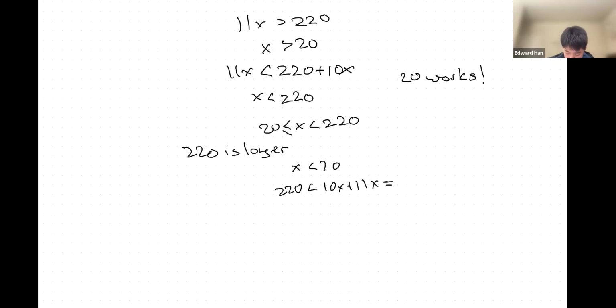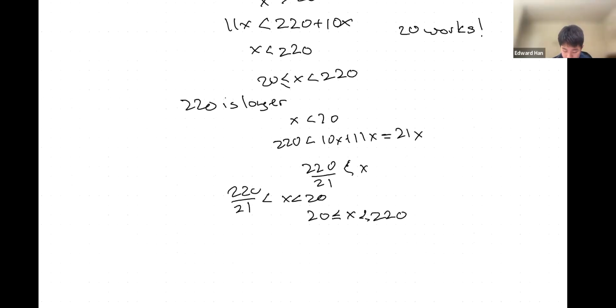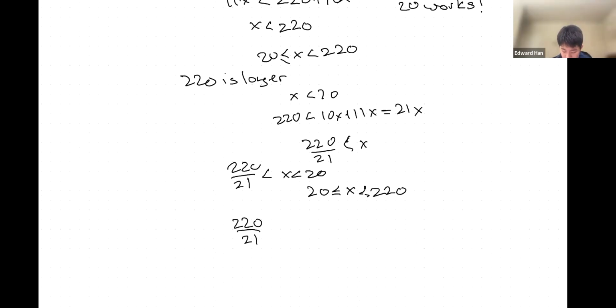So 220 over 21 is less than x. And so we can combine this with the previous inequality to get 220 over 21 is less than x is less than 20. We also have 20 is less than or equal to x is less than 220 also works. So any number in the range from 220 over 21 to 220 exclusive work.